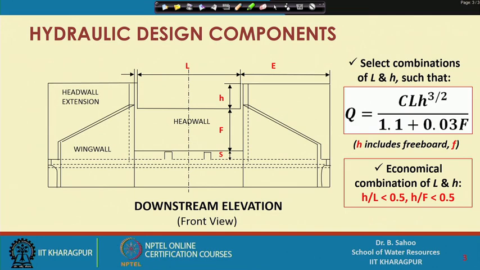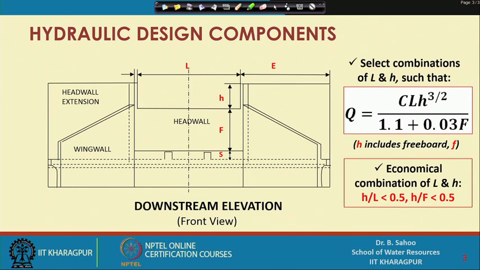First is to estimate the design discharge. The design discharge is a function of L, H, and if you are considering the freeboard, then F is also accounted for. You can see this equation: Q equal to C L H to the power 3 by 2 divided by 1.1 plus 0.03 capital F. We use this equation when the freeboard is considered.